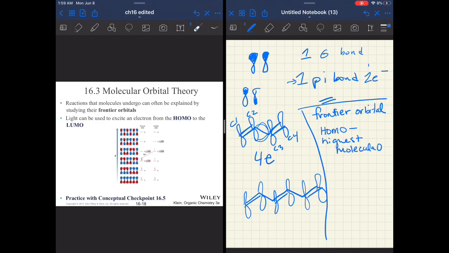That is the highest energy orbital that has electrons. Here you're seeing ground state and excited state. And so in the excited state, the HOMO was different. You had an electron that was excited into a higher energy orbital.